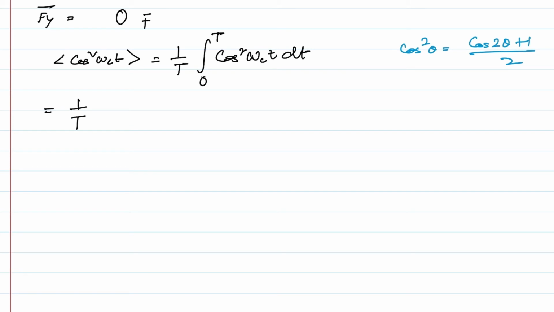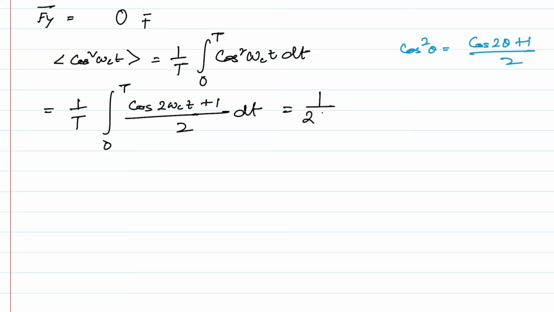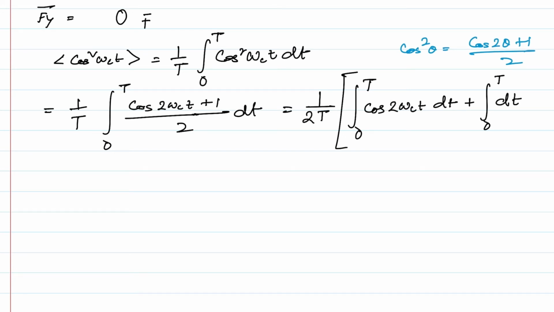Then 1 by T integration 0 to T, we will get (cos twice omega c t plus 1) by 2 dt. So half is taken common and taken out, then it will be 1 by 2T, 0 to T cos 2 omega c t dt plus integration 0 to T of 1 into dt, which is dt.